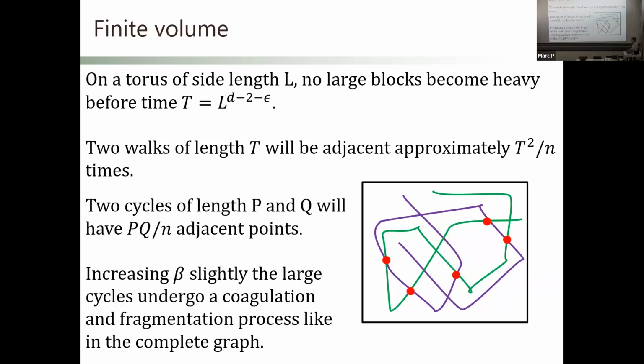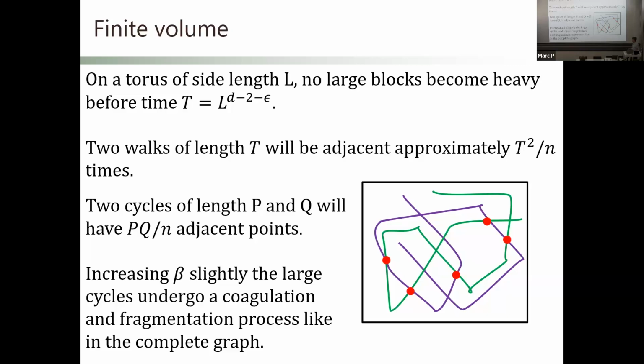And so if you run this for just a really small change in beta, the cycles will merge and fragment, and it will converge to a Poisson-Dirichlet distribution. And so in particular, one can show with this that you'll get cycles that fill a constant fraction of the volume.